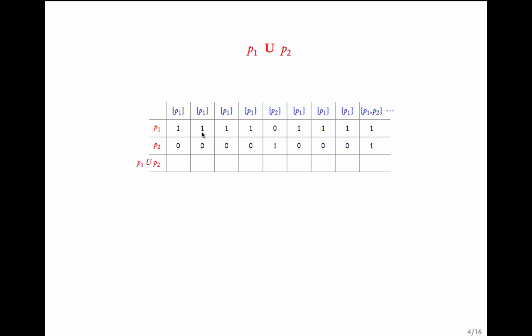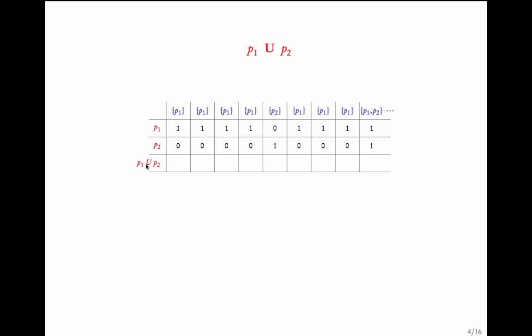Similarly, here P1 is 1, P2 is 0 as P2 is not present. Similarly, here and here, P1 is 1 and P2 is 0. Here P1 is 0 and P2 is 1. Here P1 is 1, P2 0, P1 is 1, P2 0. Here both P1 and P2 are 1. Given this word, you can evaluate P1 and P2 at every position and fill in these cells.